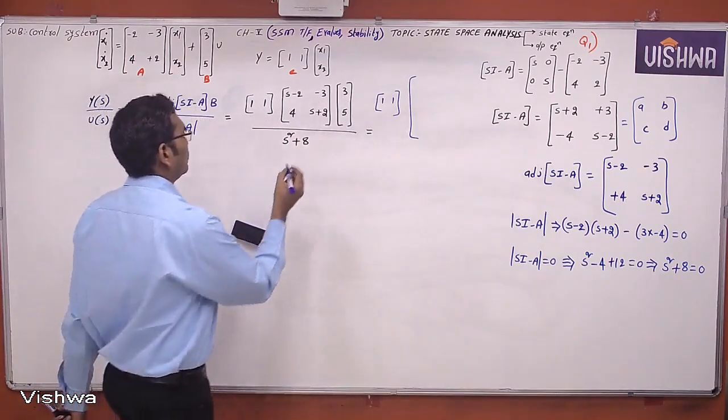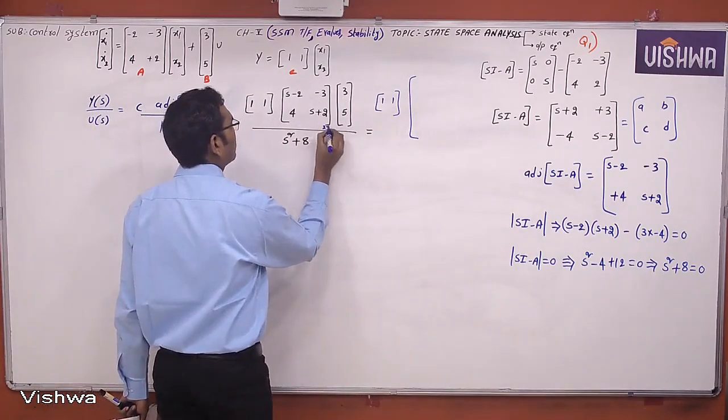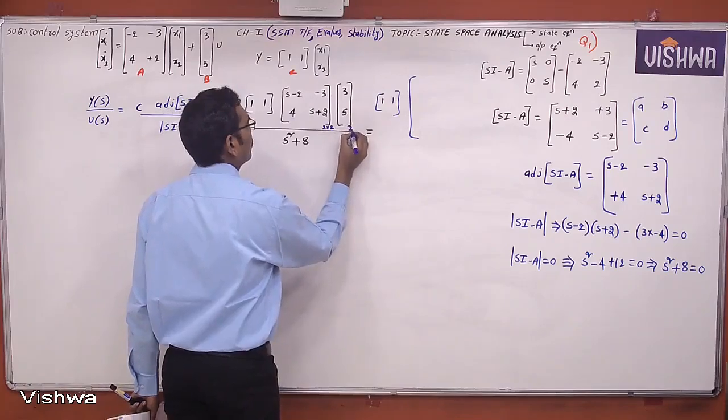Now this is a 2 by 2 matrix and this is a 2 by 1 matrix, so the result is 2 by 1.